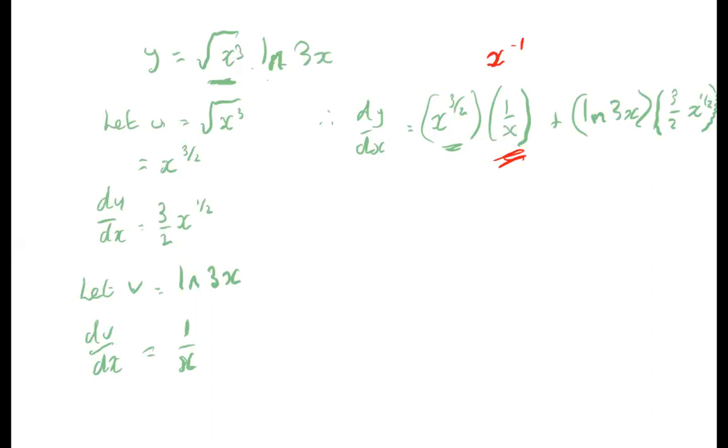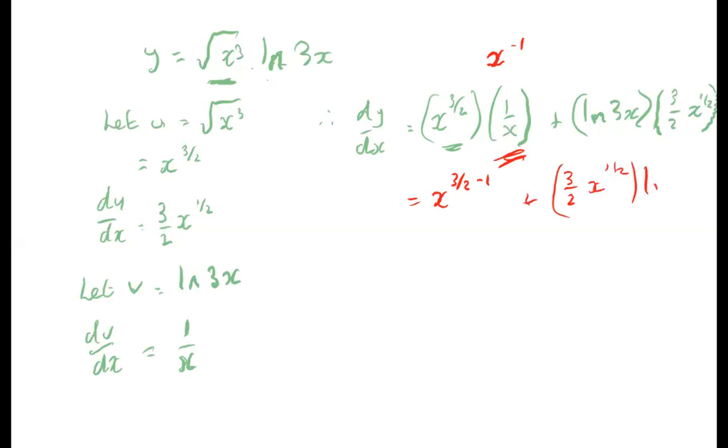So what you then end up with here is x to the 3 over 2 minus 1. If you write that 1 over x as x to the minus 1, it should take away the index. And then we've got plus 3 over 2 x to the half.